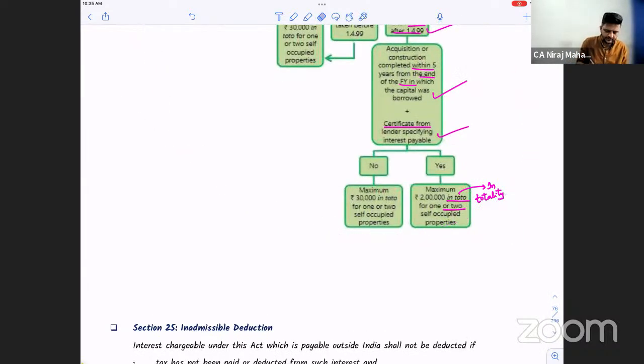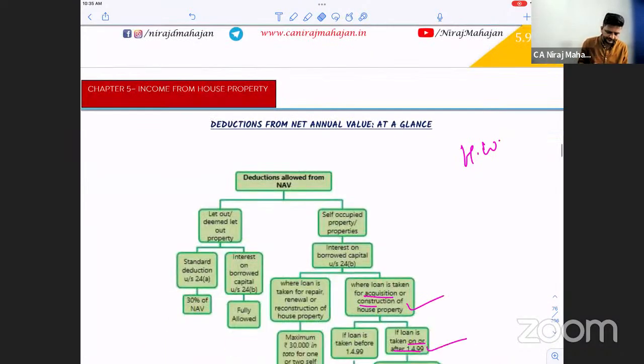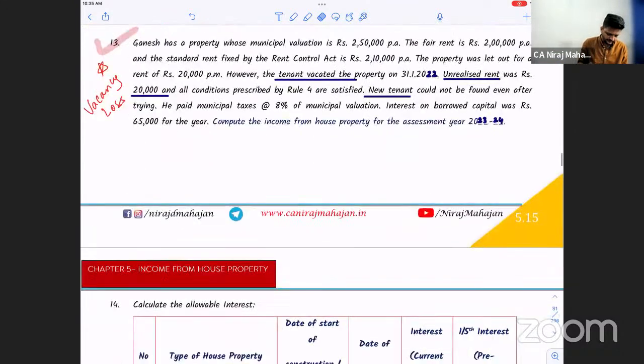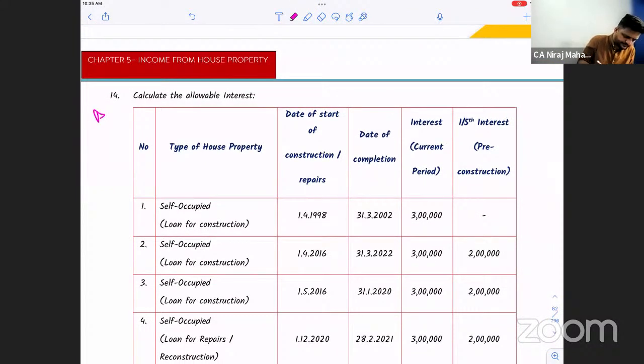We'll solve some questions then, everybody. Like I said, it is very important. Star mark this. Whenever we have ceiling limits, that is the case.